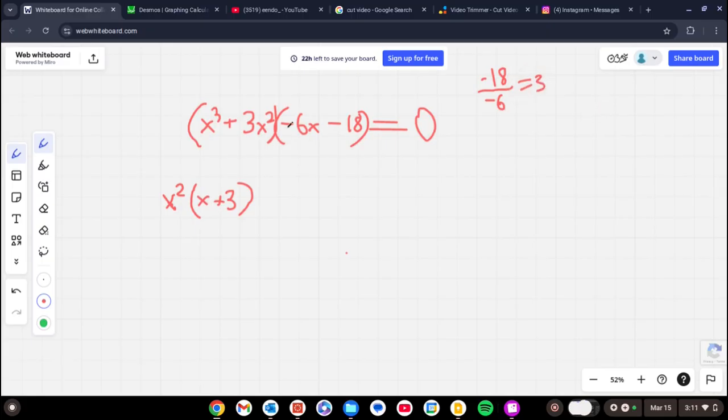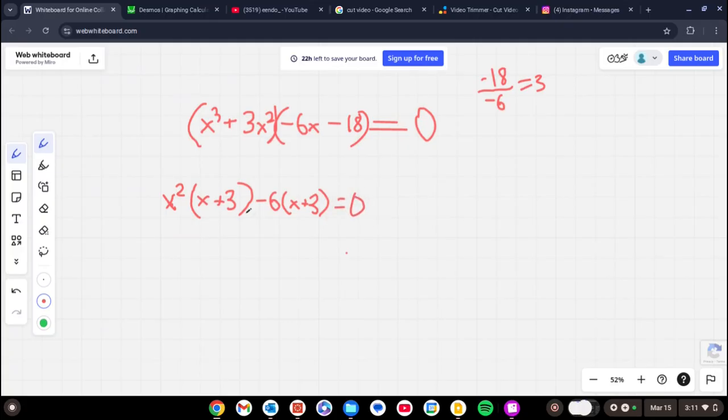So these have a negative in common. You can take that out. And then these also have a 6 in common. So you can divide this entire thing by negative 6, and we can put this on the outside to get minus 6 times parentheses x plus 3, because we took the negative out as well. And if you were to multiply this back in, it would be minus 6x minus 18. So that works out.